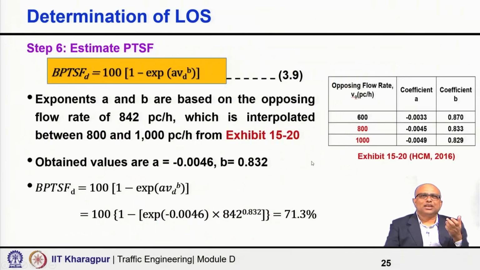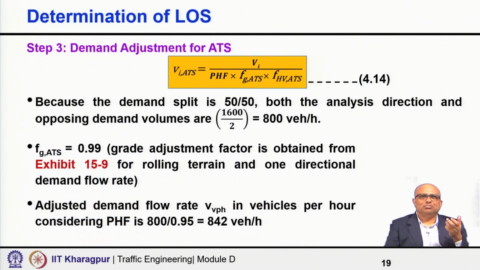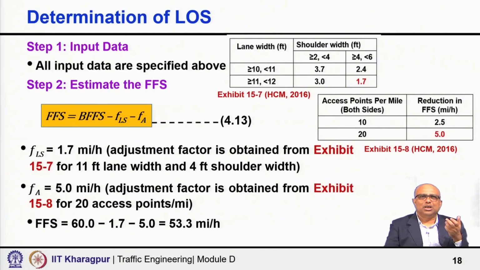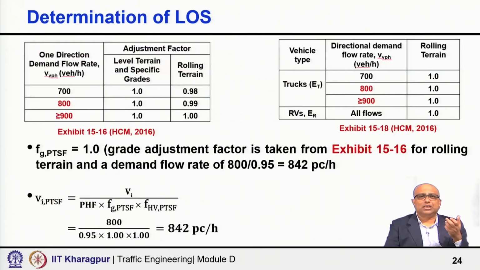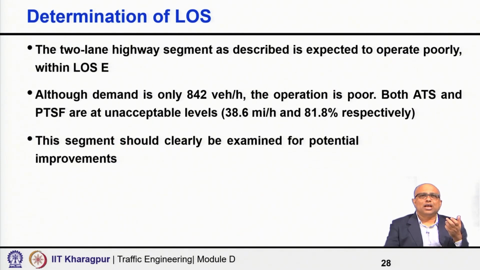The directional flow we said is 842, so with this much flow in one direction itself, the level of service has deteriorated so fast. Obviously, these segments need to be examined for potential improvement. That could be the recommendation, because it is already operating at LOS E.